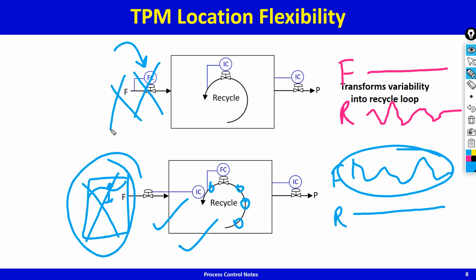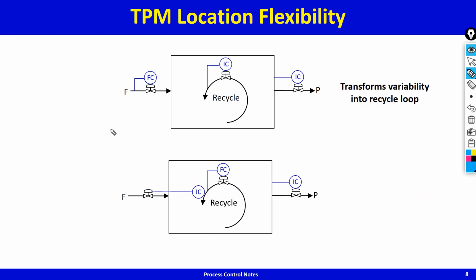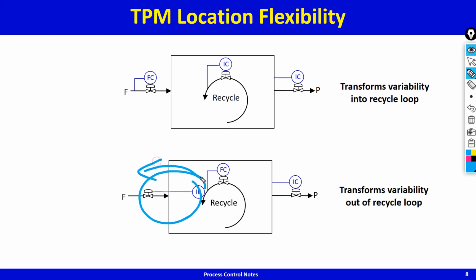Okay, so that's the major point of what I was trying to make in this lecture. And by the way, this control structure right here, the bottom control structure, this transforms variability out of the recycle loop. You see, this inventory controller is transforming variability out of the recycle loop. So again, the transformation of variability perspective is very useful in figuring out how to structure your control system.